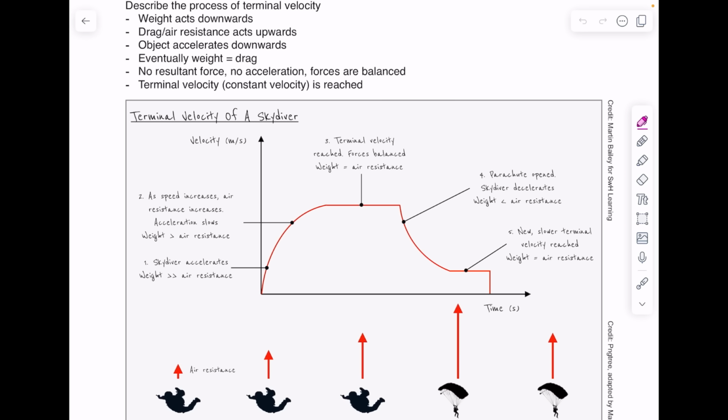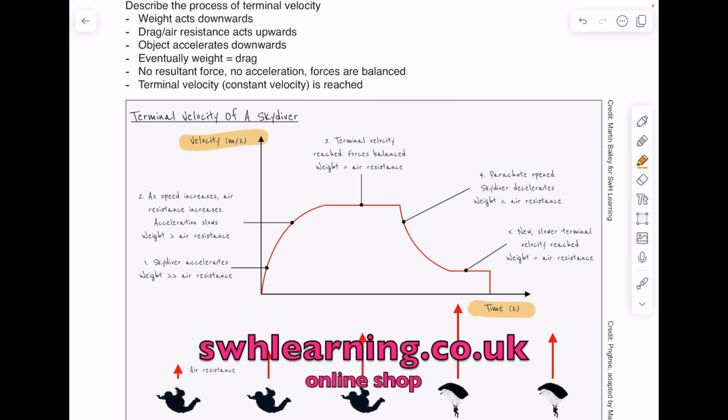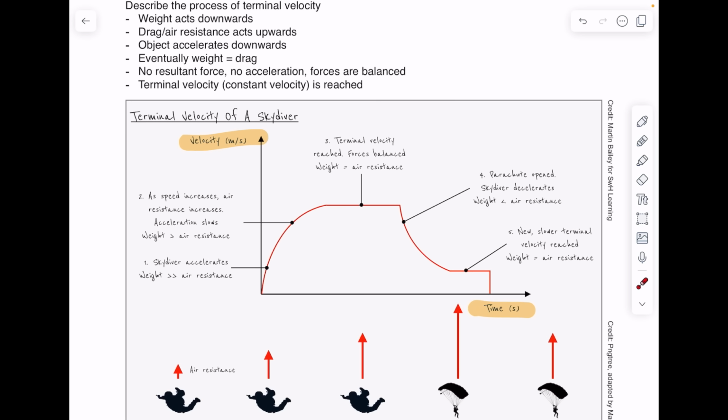Let's also consider terminal velocity from a velocity time graph perspective. By the way, this is taken from my revision guide, which is available on the website. So if we actually have a look here, you can see due to that steeper gradient that the skydiver is accelerating. And as I've said previously, that's because the weight force is greater than air resistance.